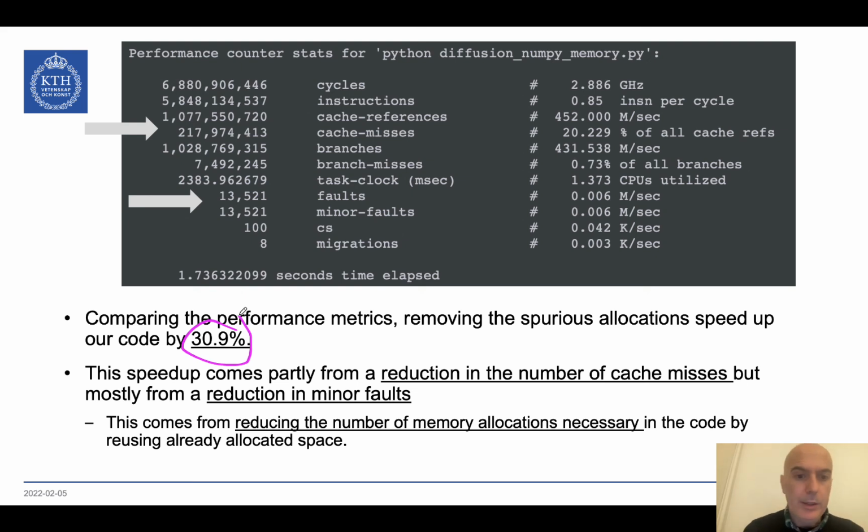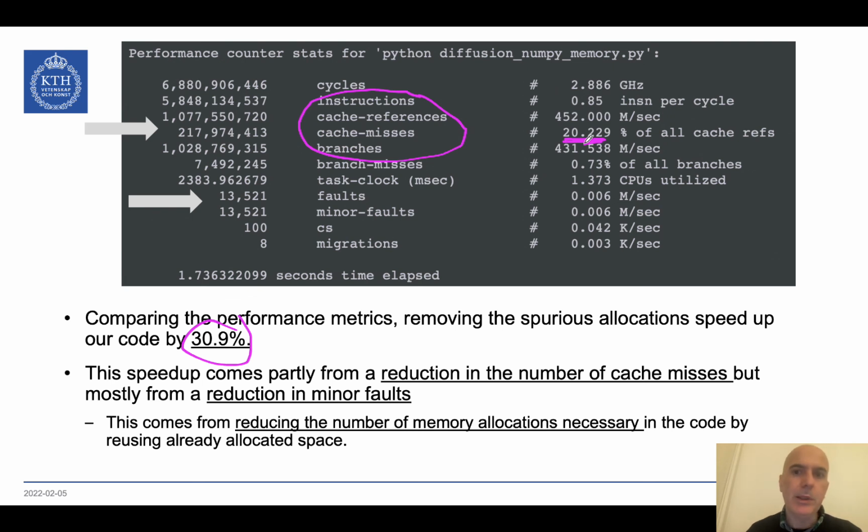So if you're looking at the perf results, there are two main points that I want to emphasize when looking at optimization using in-place operations. One is the cache, right? You see here we have quite good cache results. We have only 20% of cache misses.